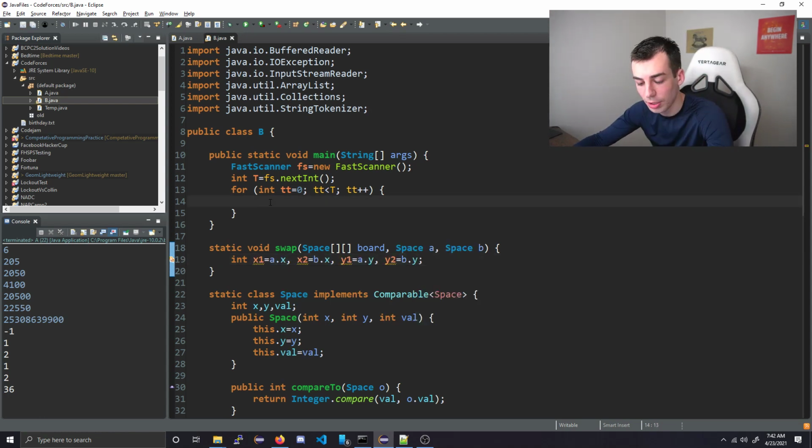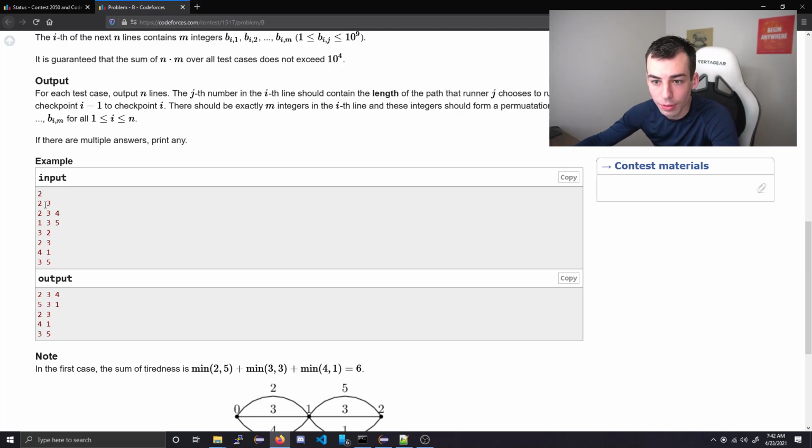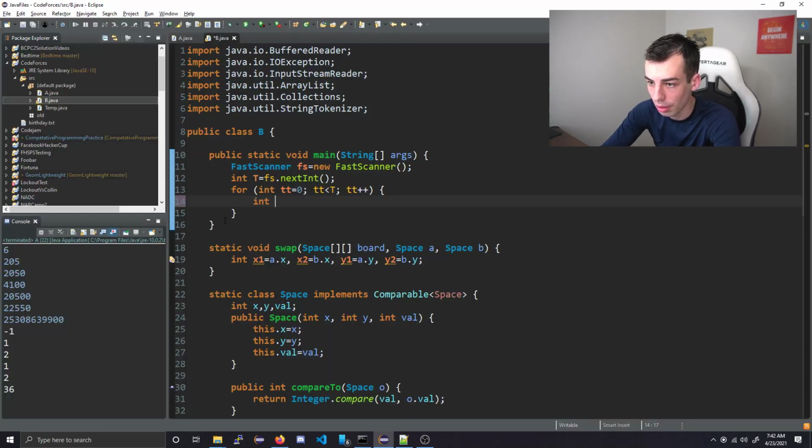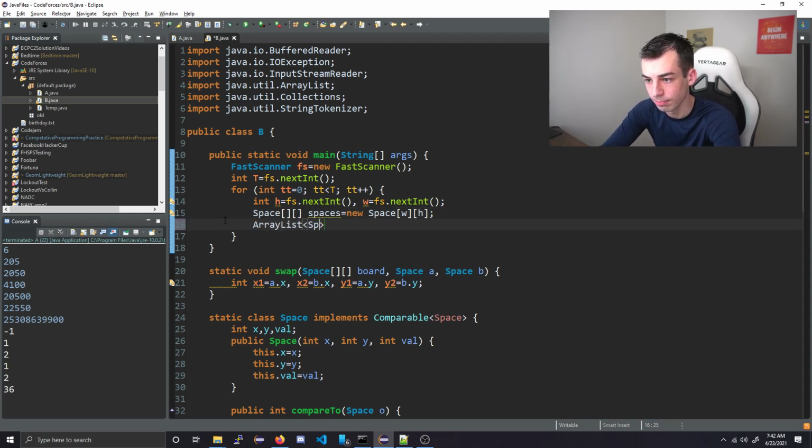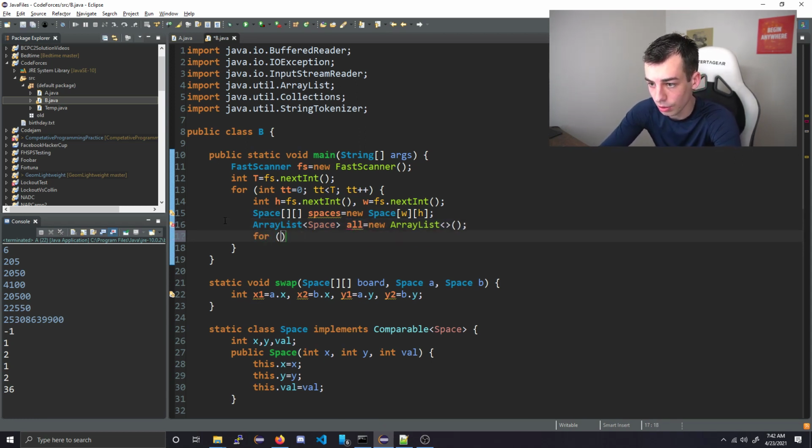So yeah, swapping them is going to be a little difficult. That's fine. So this is height and then width. Okay, let's just call this all of them, and then go.